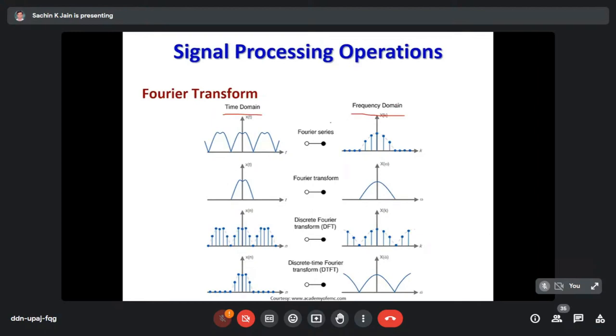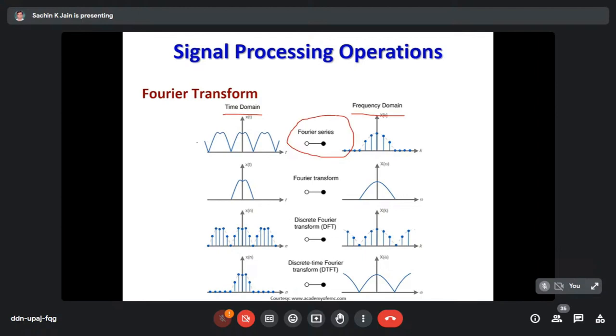The Fourier series transforms a continuous time domain signal that is periodic in nature to a frequency domain signal which is discrete in nature. So that is basically the Fourier series.